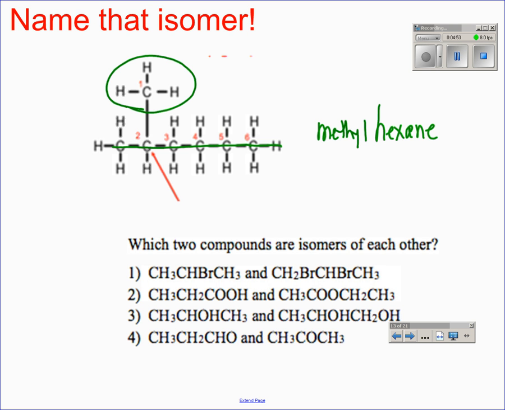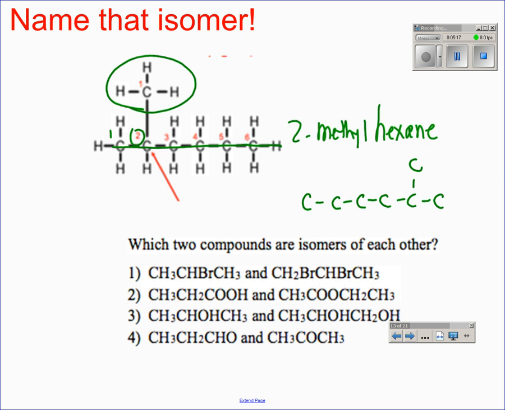Remember, you always give it the lowest possible number address. So here, if we started counting from the chain here, it would be 1, 2, 3, 4, 5, 6. And on the second carbon, that's where we'd find the methyl group, 2-methylhexane.